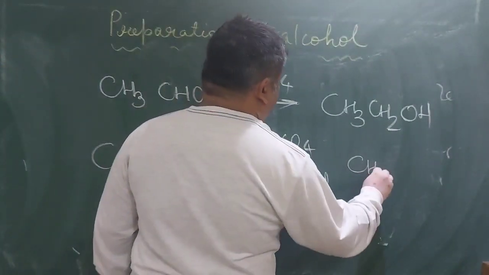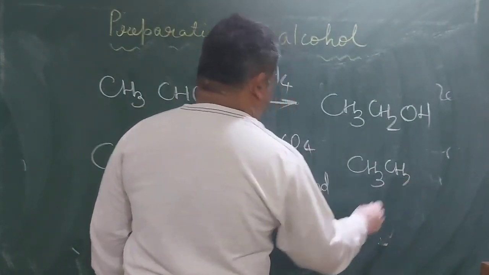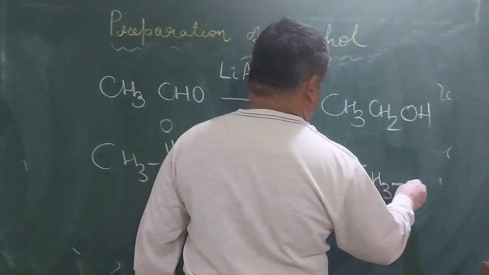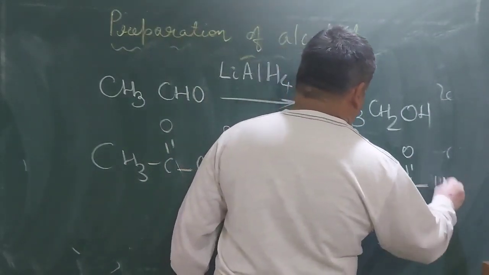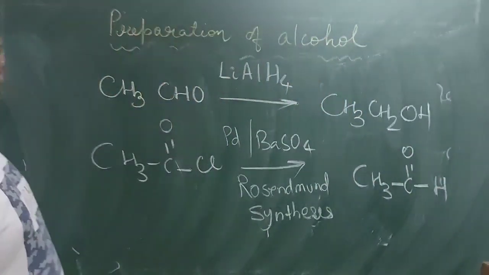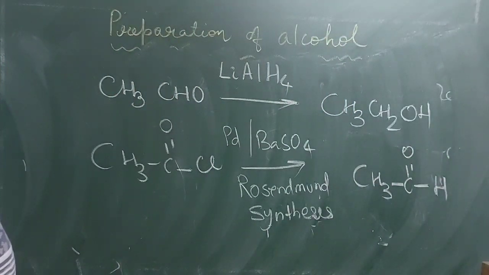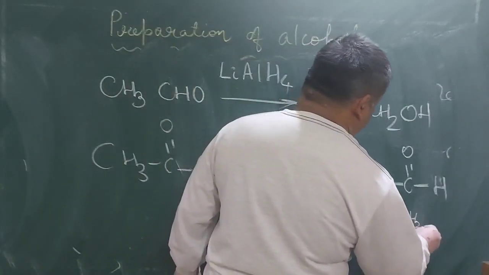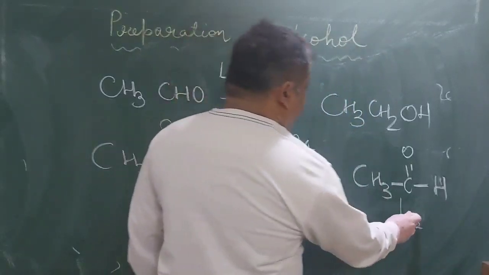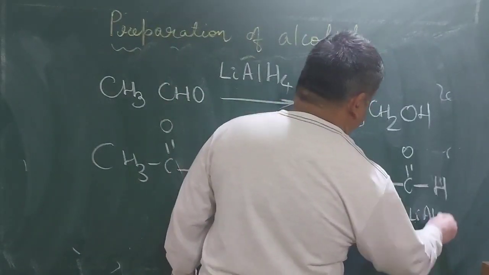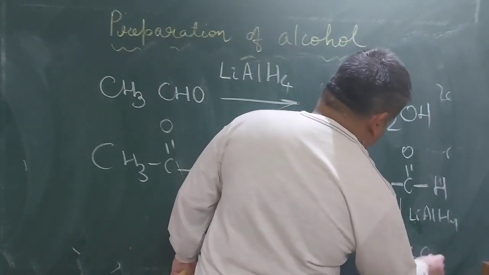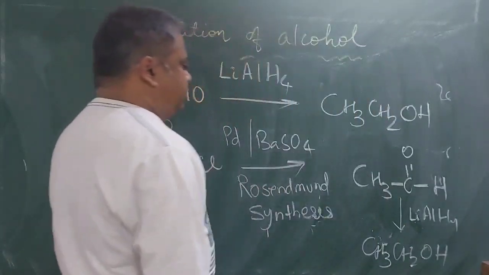It forms CH3CHO. And further, it can be reduced by giving lithium aluminum hydride to form CH3CH2OH.